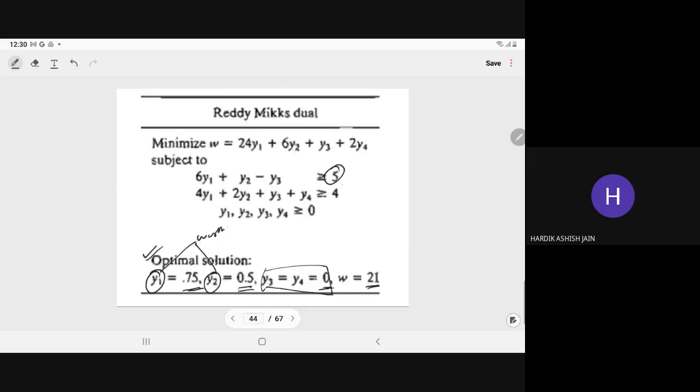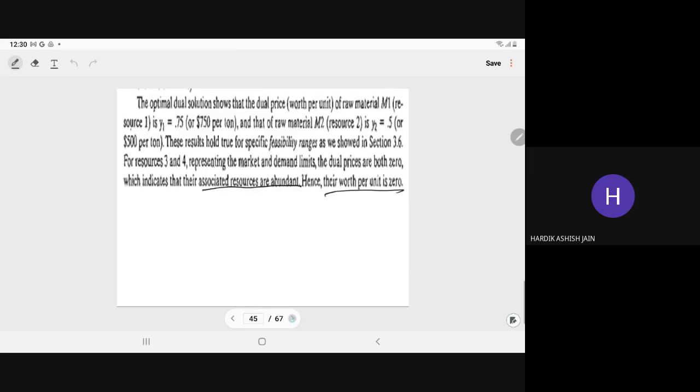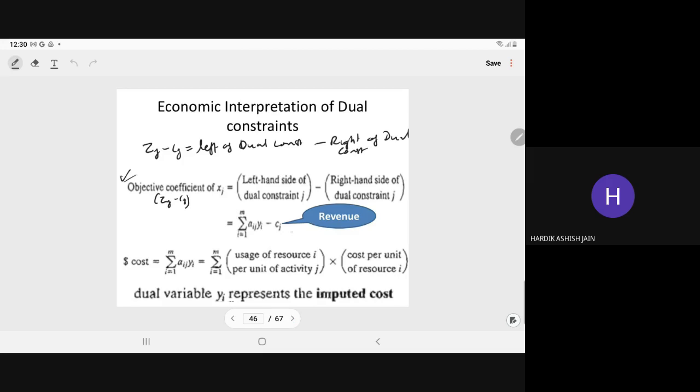So here, if you note, what is this? The right-hand side, 5 and 4, is nothing but the unit cost. It means this is some cost or money.